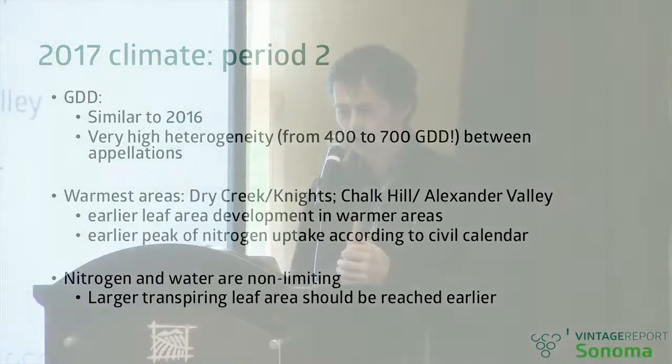And we know that doesn't mean only an earlier leaf area development in warmer areas. What's going to be more interesting to start factoring in is that the speed at which leaf area develops also drives the speed at which nitrogen is being accumulated into the leaf area, which directly drives the timing of your assessment for nitrogen or nutritional needs, and also the timing of your corrective actions, which I will discuss later.